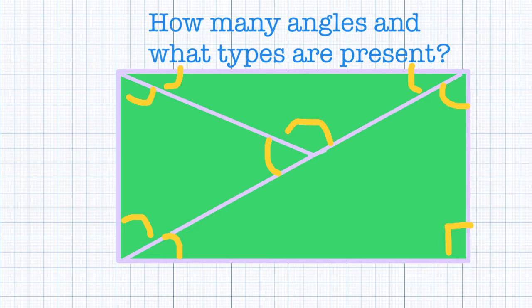So for each corner, there is a right angle. One there, and one here.